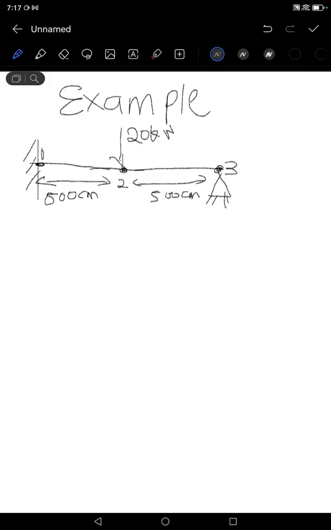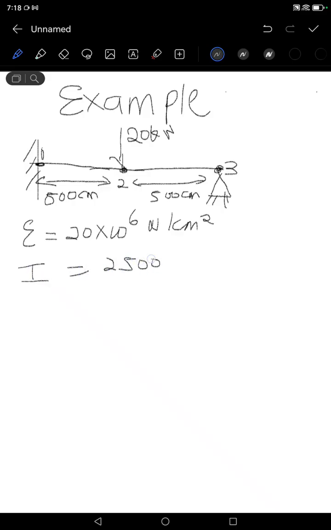Okay, and then we're also given the modulus as 20 multiplied by 10 to the power of 6 Newton per centimeter squared. And then we also have the moment of inertia as 2500 centimeter to the power of 4.